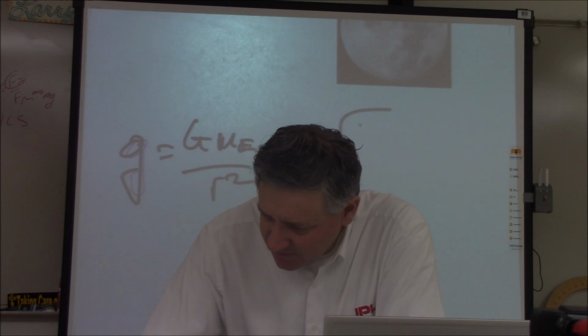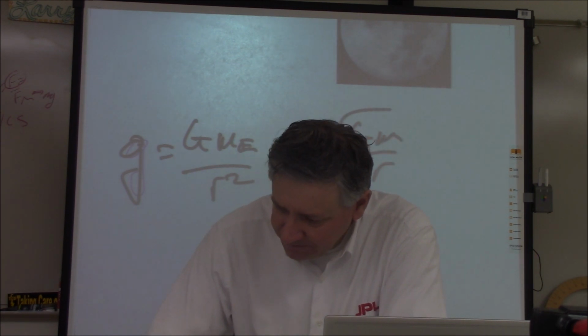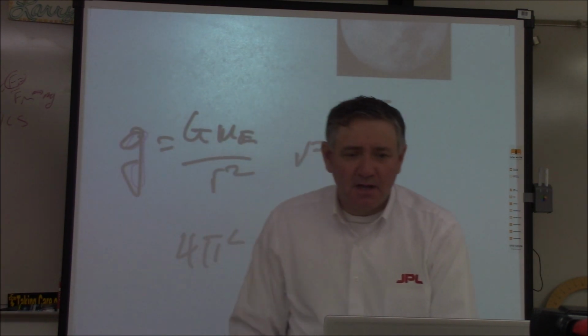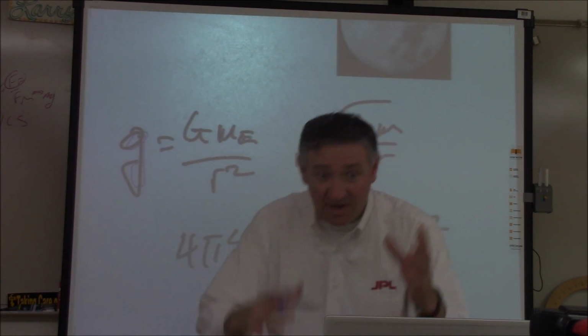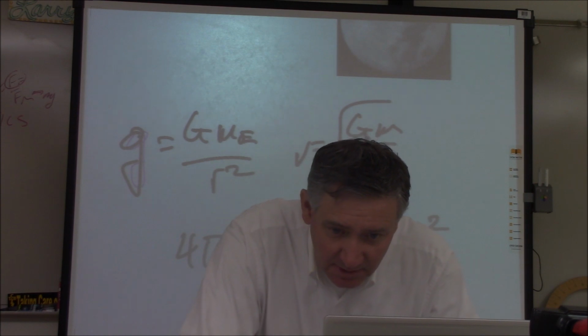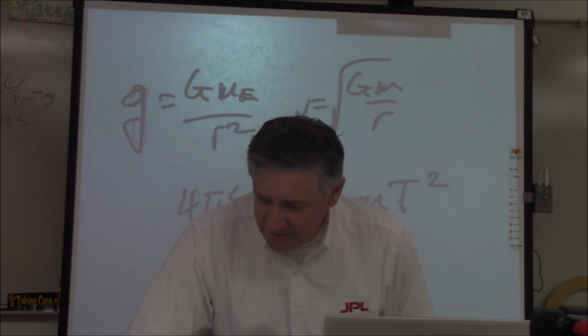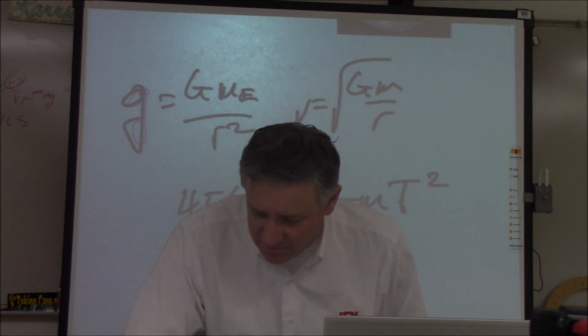V equals the square root of big G m over r. 4 pi squared r cubed equals big G mass times t squared. Okay? And then we also have kind of the mother of all equations, which is F equals big G m1 m2 over d squared.